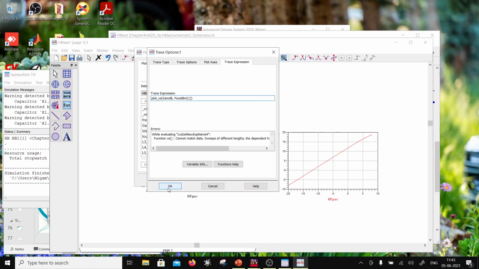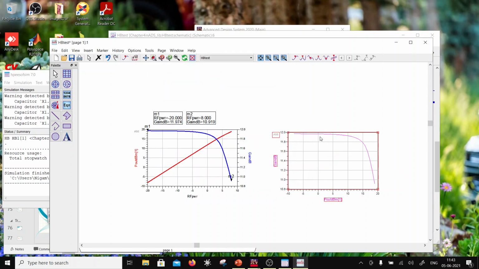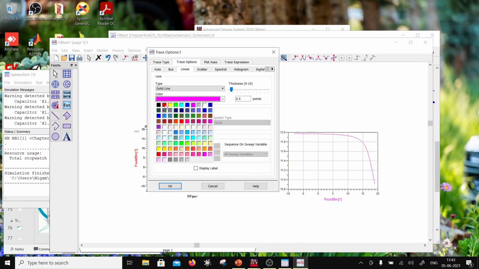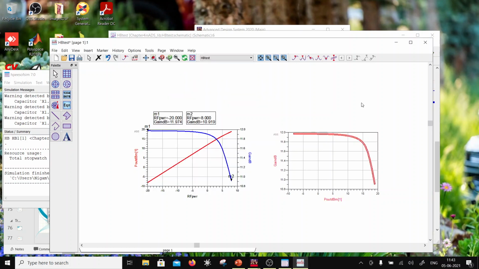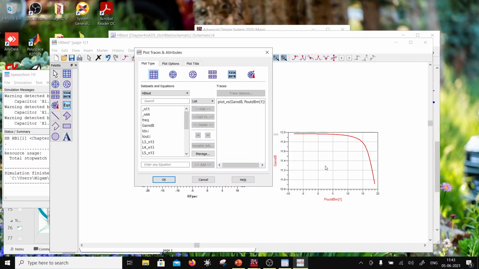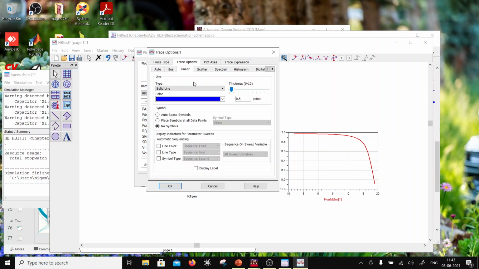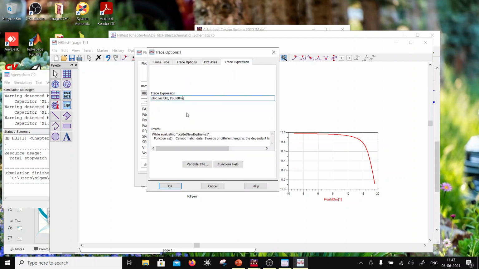Okay, so this figure has more meaning than the other figure, because here we are plotting with respect to the output power. Okay, and I can plot efficiency versus output power. Again, I have to look versus the fundamental component of it. So fundamental output power.